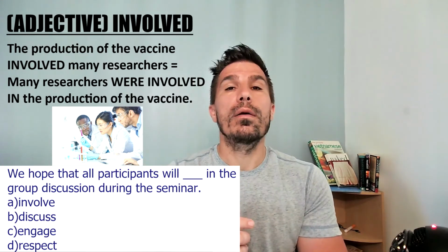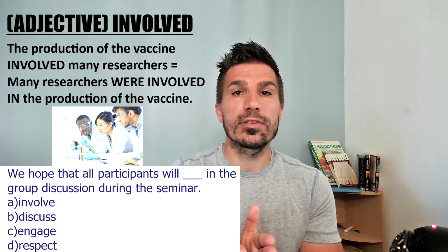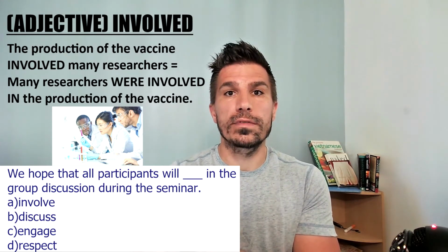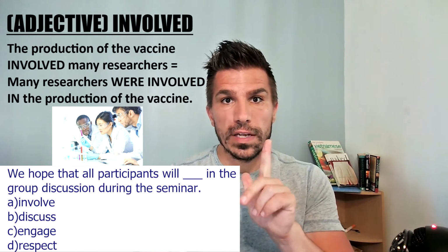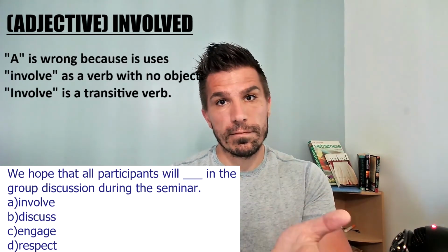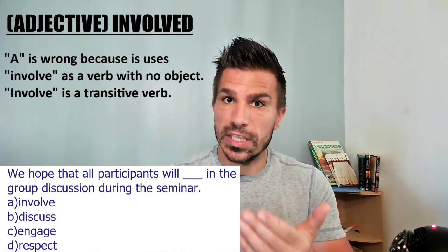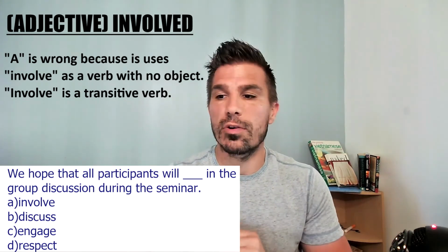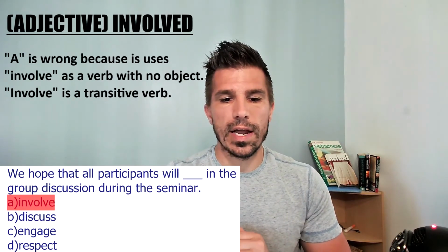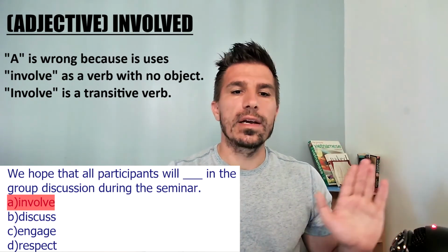Object. But researchers were involved in the production of the vaccine. So involve is wrong here for this TOEIC question because you're using it as a verb. You must have an object. You can't just go to the preposition. All right, so we got rid of involve.